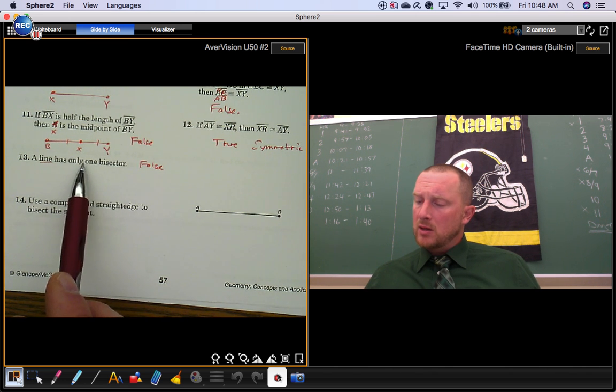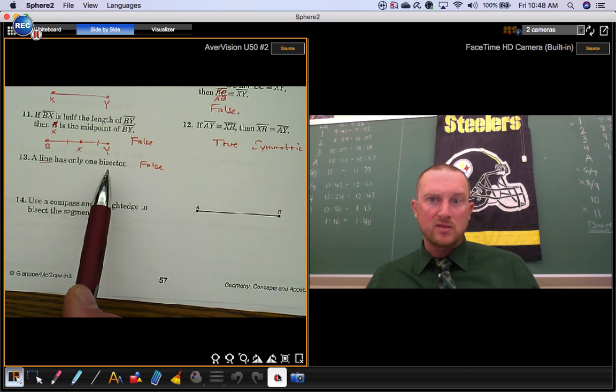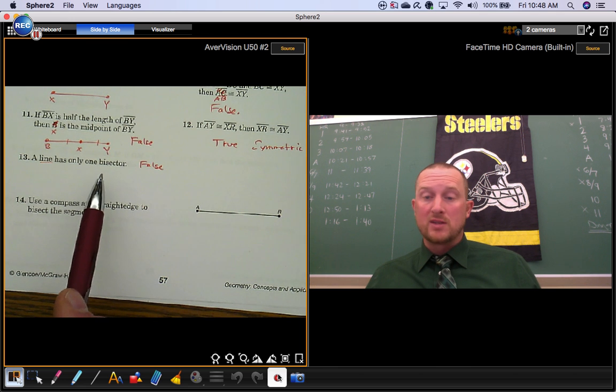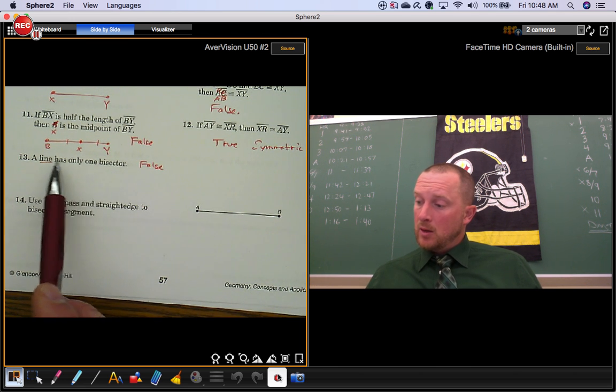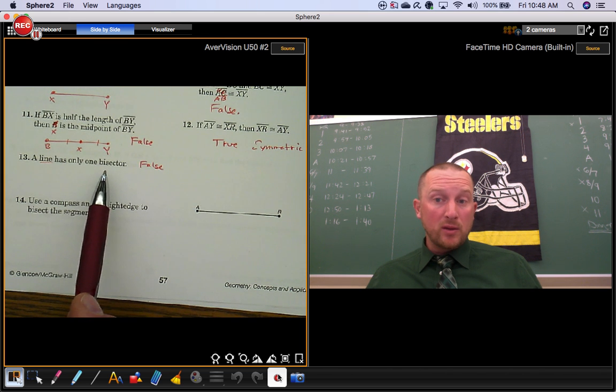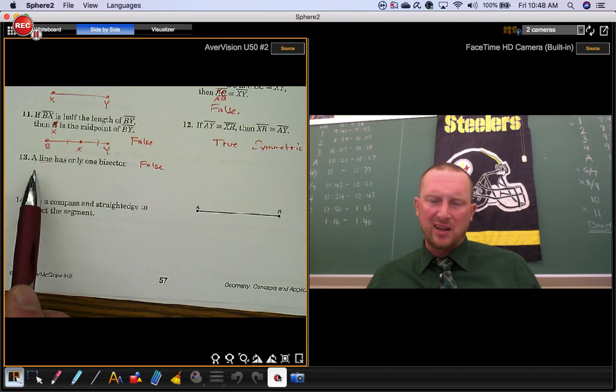But segments don't have one bisector. They have lots of bisectors. You could bisect with a point, or a line, or a segment, or a ray, or a plane. Segments only have one midpoint. Okay, but this is kind of a bogus question. You can't cut a line in half.